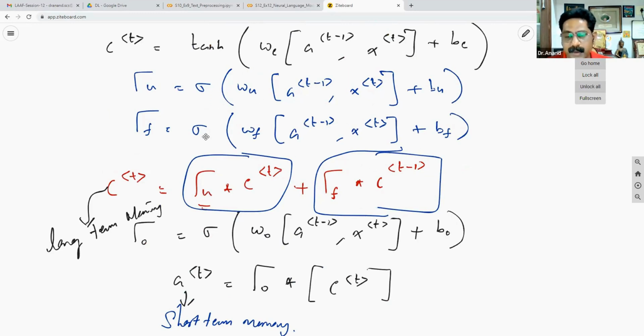For some applications I'm not going to use very lengthy sequences. My sequence is not too lengthy, and you can still manage very effectively with the GRU itself. But if my sentences are too long, the model has to understand the long contextual meaning of the sentences.